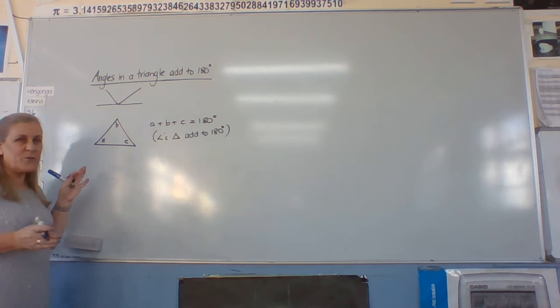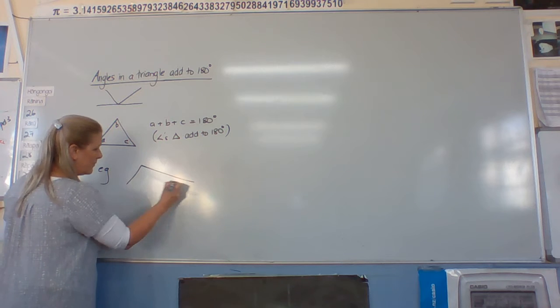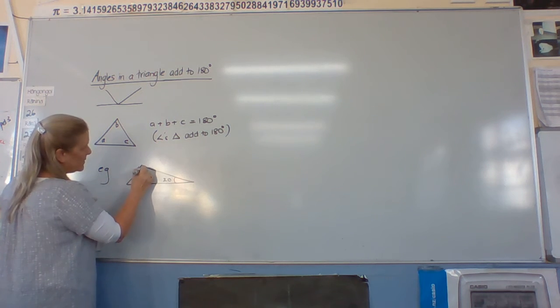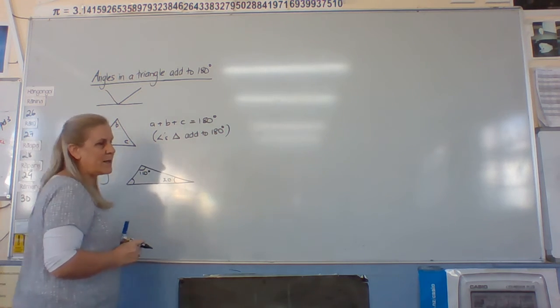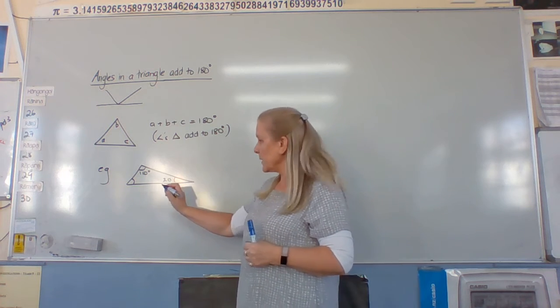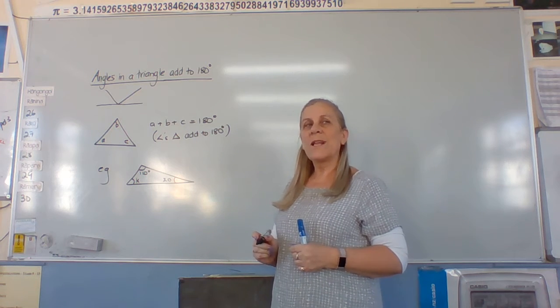Now that's easy. If you've got a triangle and you've been given 2 angles, so here's a triangle, this one's about 20, this one's about 110, we need to find that one. What will we do? K, we like K for the one we're finding. What will K equal?